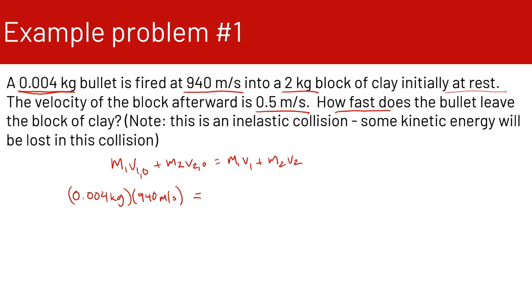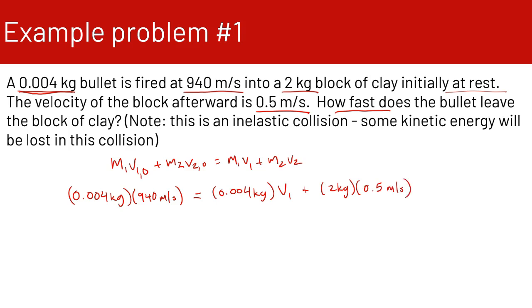Then the mass of the bullet is 0.004 kilograms, and we don't know this velocity, that's what we're looking for. Plus the mass of the block, 2 kilograms, times the velocity, 0.5 meters per second.